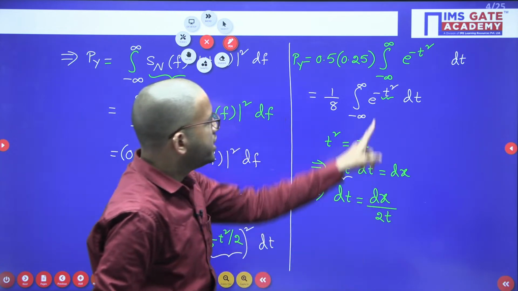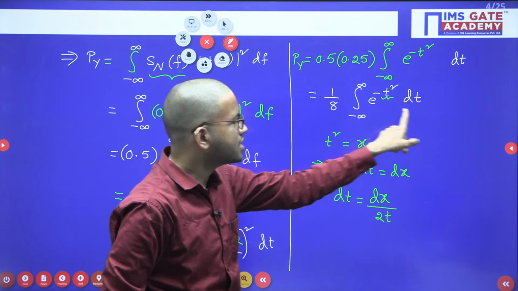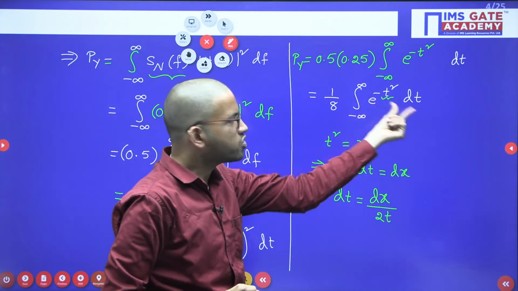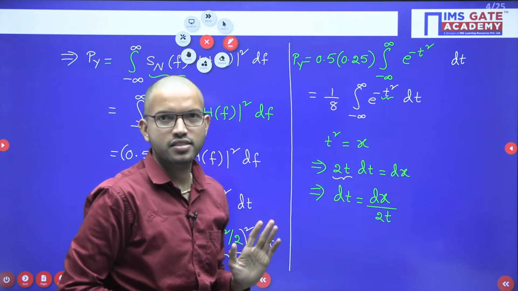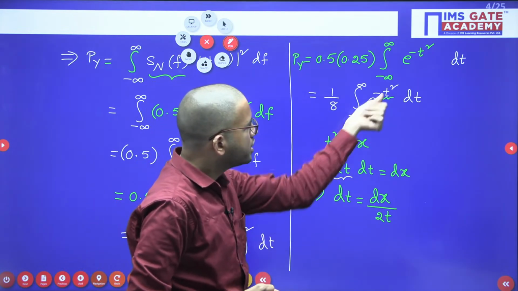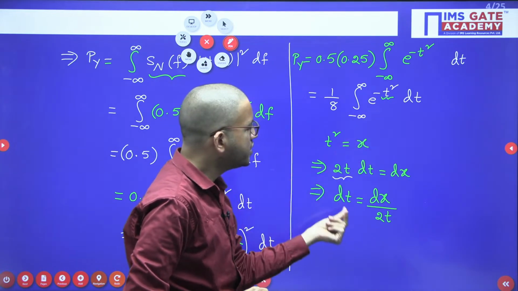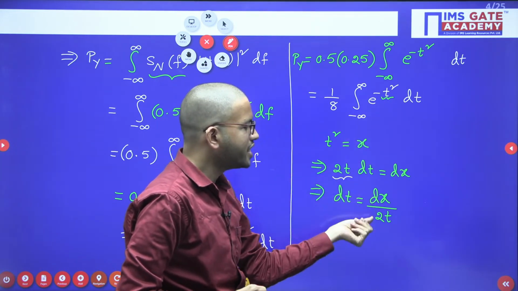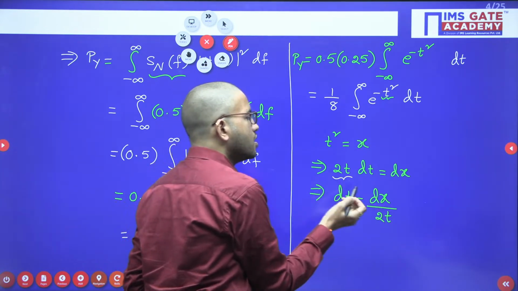Okay. So here t square I have assumed as x. So that means whatever integration you are having in terms of t, now I am converting into some other variable x, right? So in place of t square we can substitute x. Now in place of dt we can write dx by 2t. So still the t term is there.